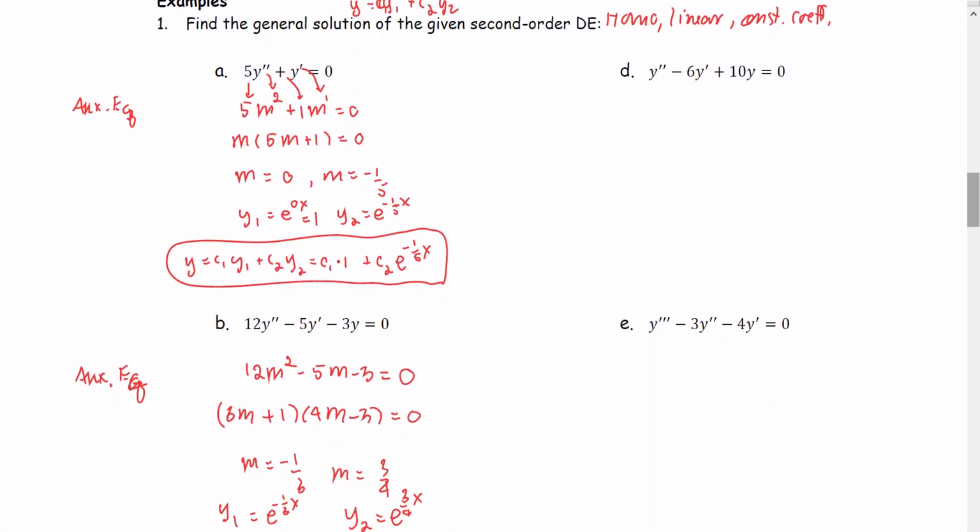Example, part B. We have the equation y double prime minus 6y prime plus 10y equals 0. The auxiliary equation is m squared minus 6m plus 10 equals 0. Solve for m.